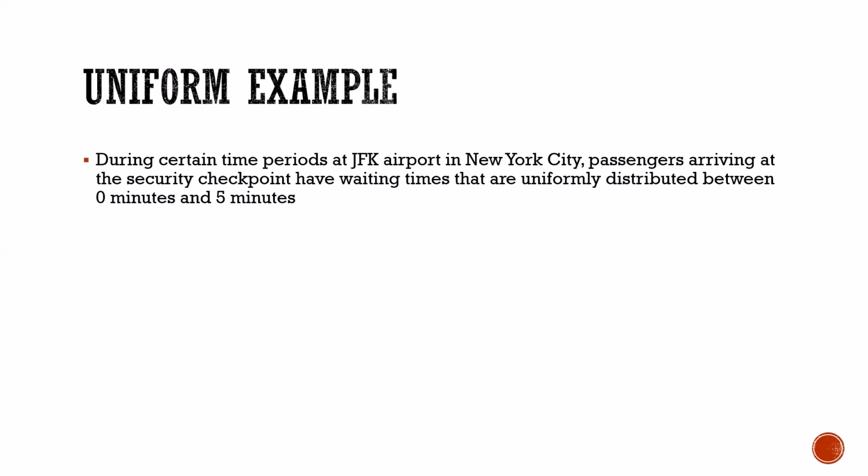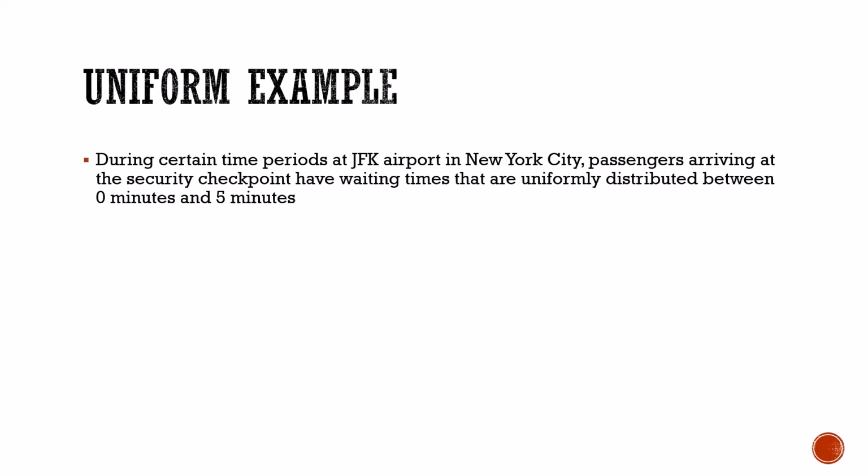So while each exact amount of time is infinitely small, they're all the same. I am as likely to be waiting exactly 1 minute as I am to be waiting exactly 2 minutes, which is as equally likely as waiting exactly 4 minutes and 50 seconds and 1/130th of a second. You see what I'm saying here?